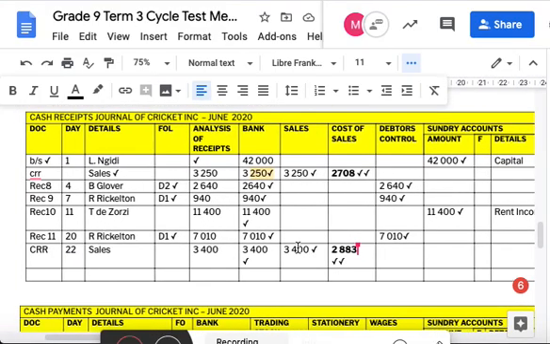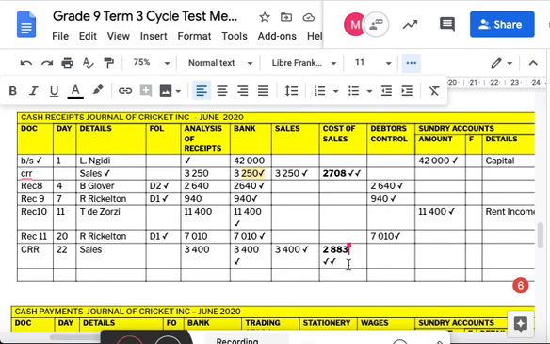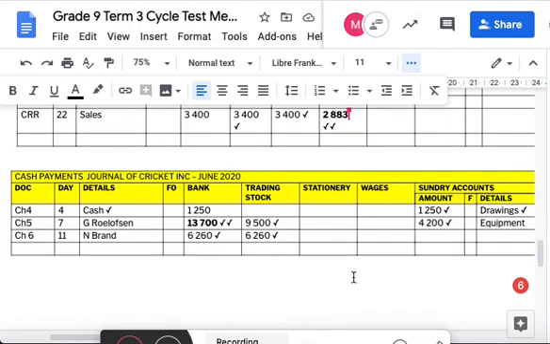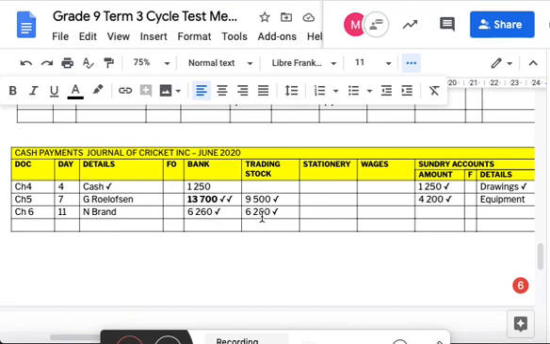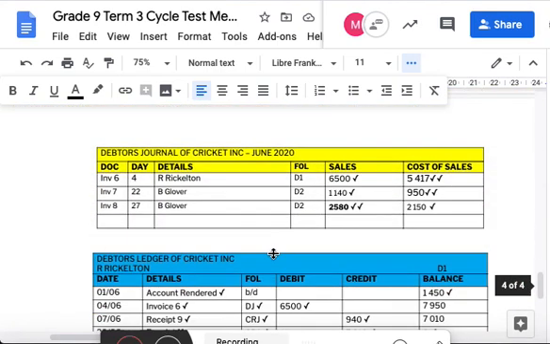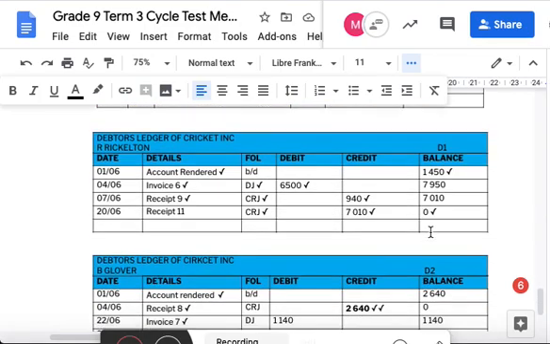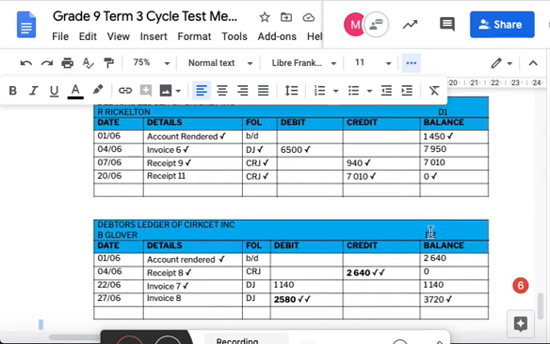If we just have a look, here's your final CRJ. Make sure you've got all your figures. Here's your final CPJ. Make sure you've got all your figures and ticks. Your DJ. And then your 2 debtors ledgers. Right. Any questions?